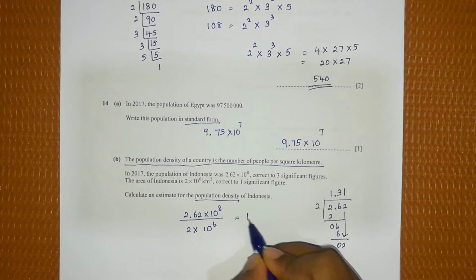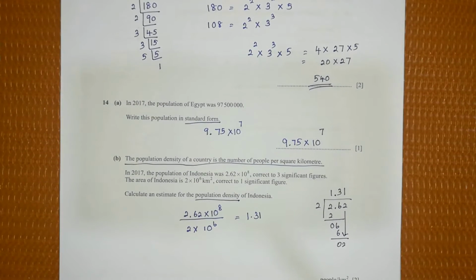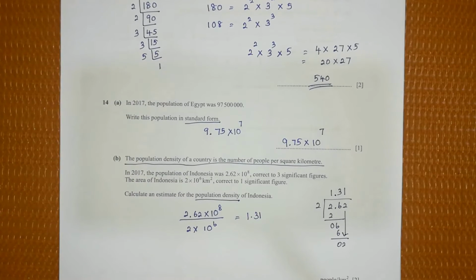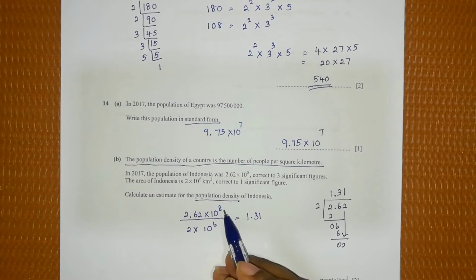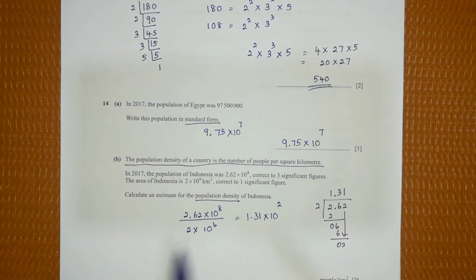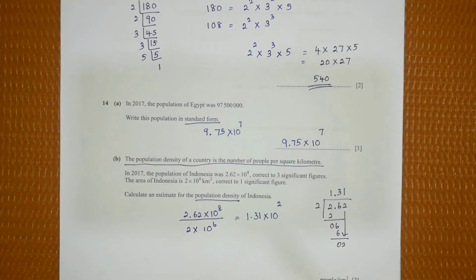That gives 1.31. Then in the powers, when we divide, we have to subtract the powers. So 8 minus 6, that's going to be 10 to the power 2. So our answer is 1.31 multiplied by 10 to the power 2.